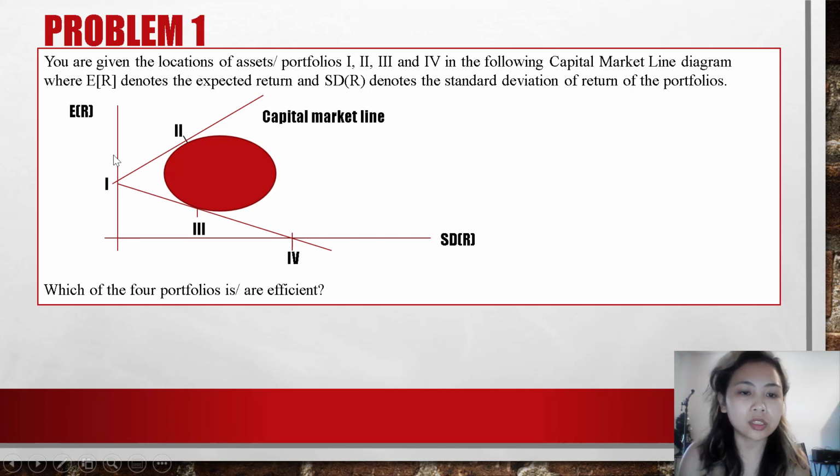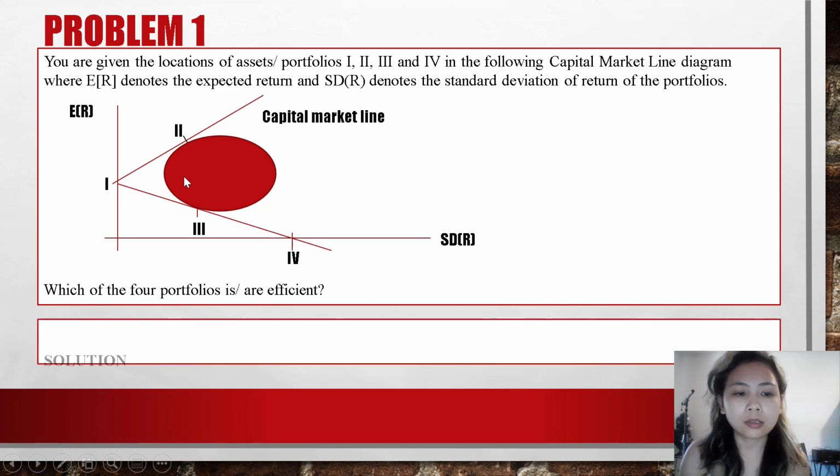It's called risk-free because the variance and the standard deviation are 0. You see that it's right on the vertical line, so the standard deviation is 0. And asset 2 on the capital market line is the market portfolio. So the solution is that 1 and 2 are efficient portfolios.